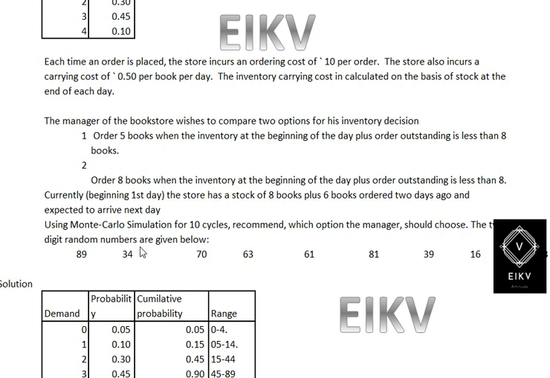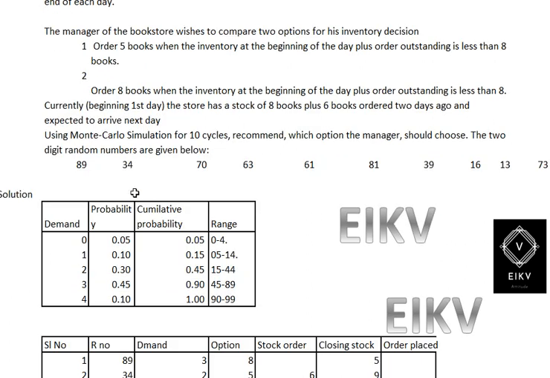The 2-digit random numbers are given below: 89, 34, 70, 63, 61, 80, 39, 16, 13, 20, 73.